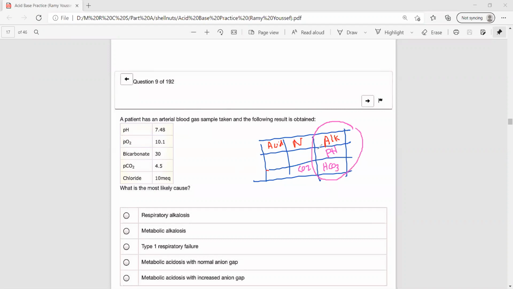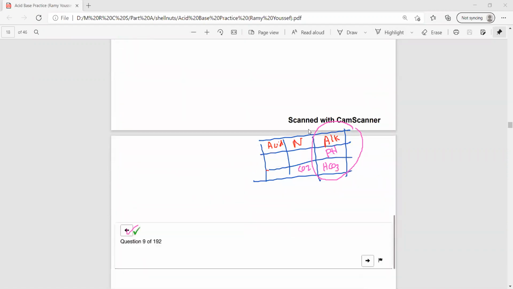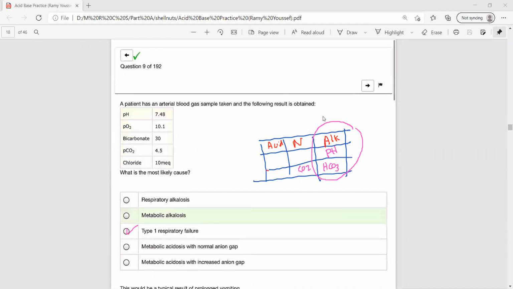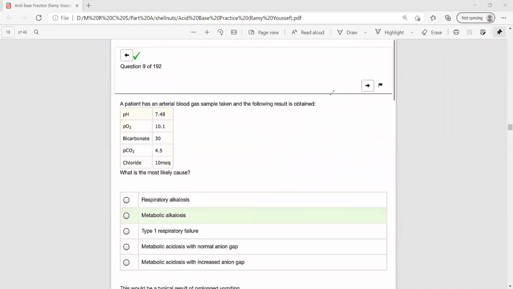So your answer is B. Perfect. Simple. This is a metabolic alkalosis, okay?